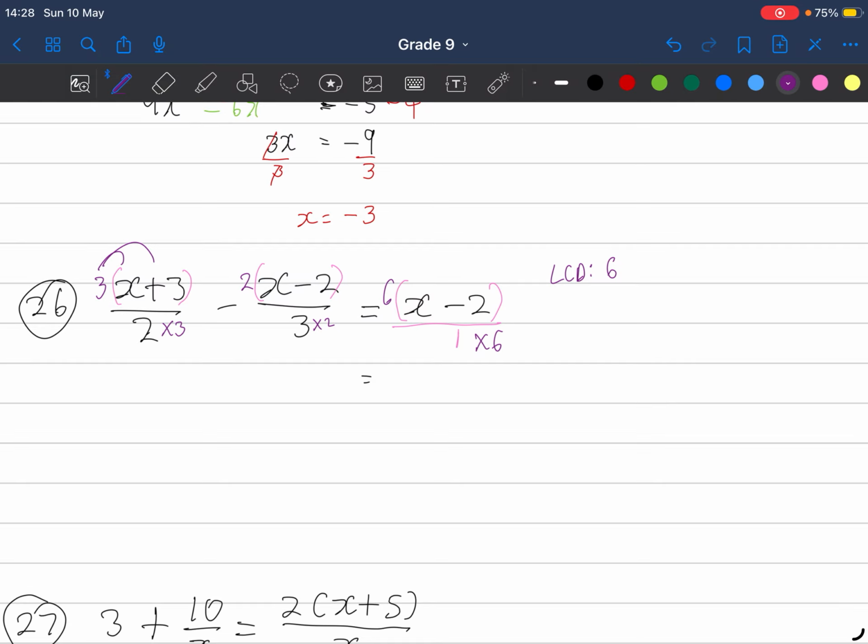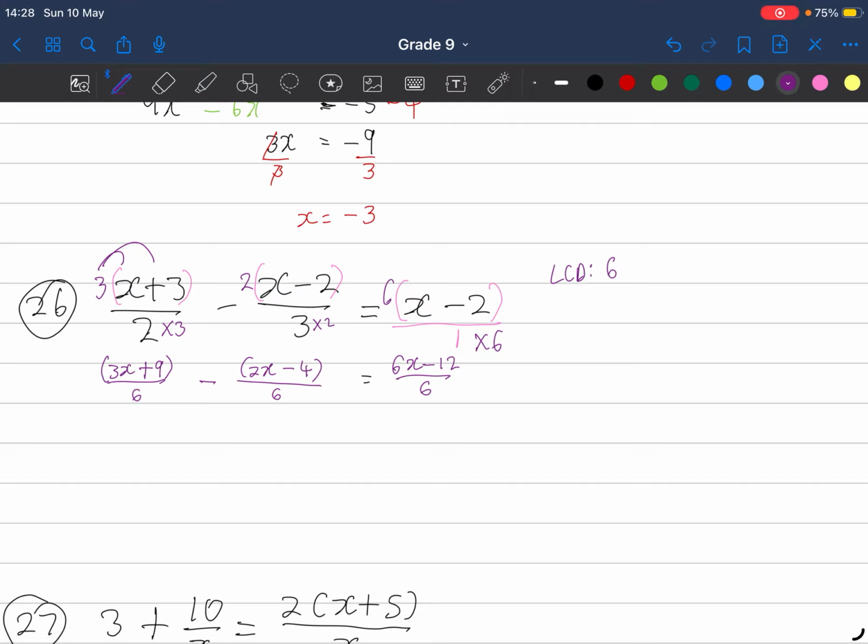So 3 times x is going to be 3x, plus 3 times 3 is going to be 9 over 6, minus, now 2x, I'm still going to keep the bracket for now, right? 2 times x is going to be 2x, and 2 times negative 2 is going to be negative 4. Keep that bracket over 6, and on this side I've got 6x minus 12 over 6.